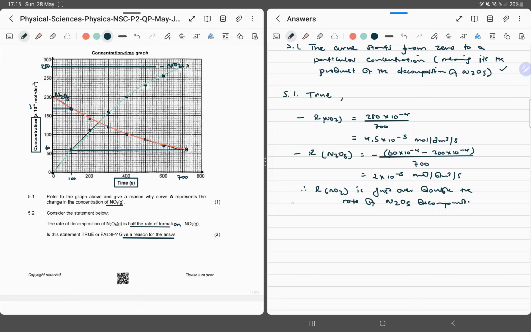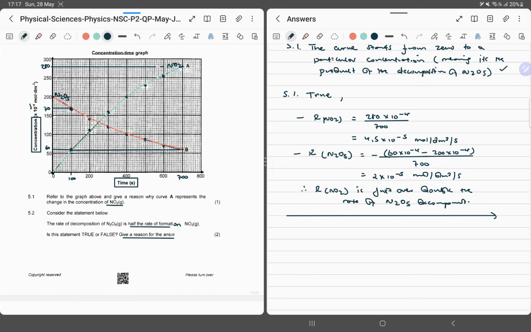But I think without a calculation you wouldn't know. Or maybe you can just pick a point. For example, this one here at 100 degrees, we see that the concentration of our dinitrogen pentoxide dropped by how much? So this is 55, 60, 65, 70.